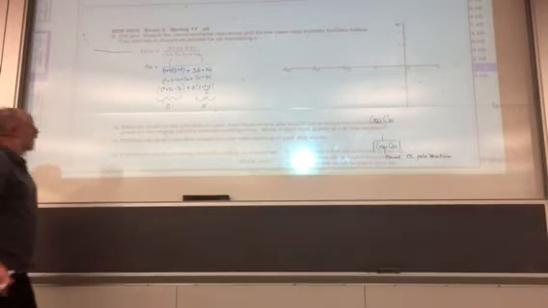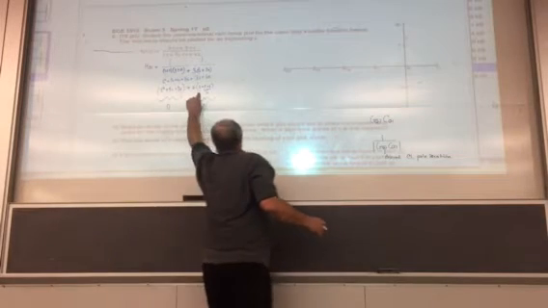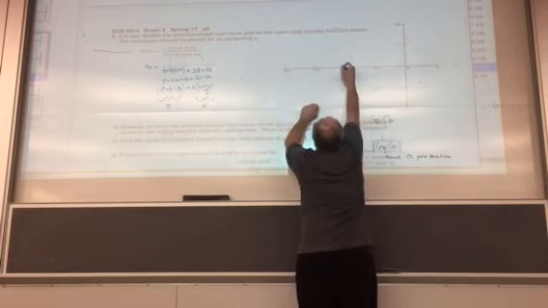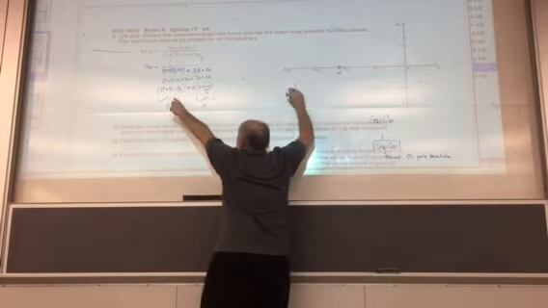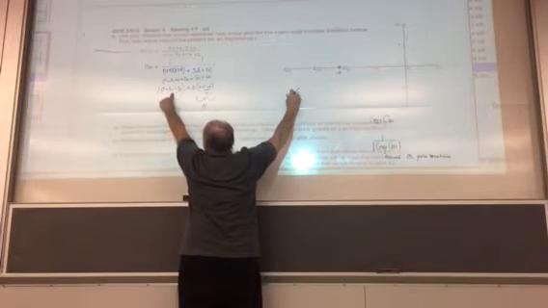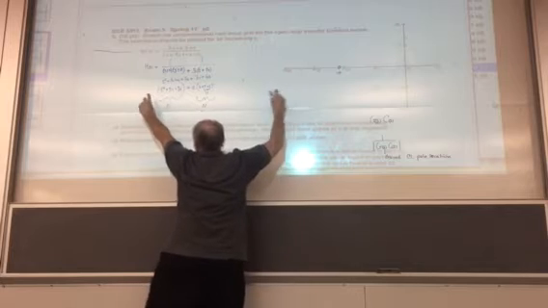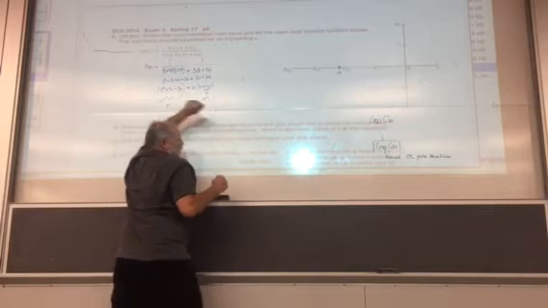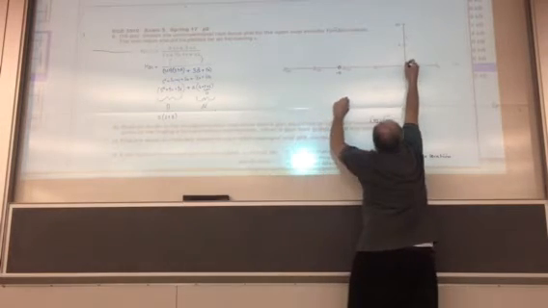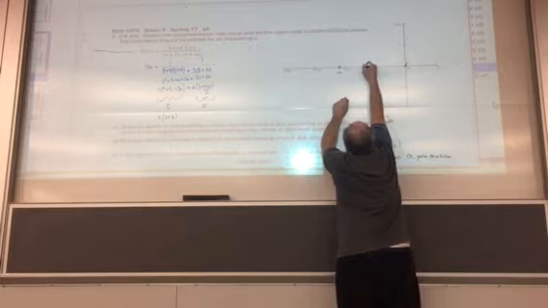So now I can figure out that I have a 0 at minus 11. And I have poles. Well, what does this come out to be? I want to rewrite that as S plus 8, right? Yeah. So I have a pole here and a pole here.